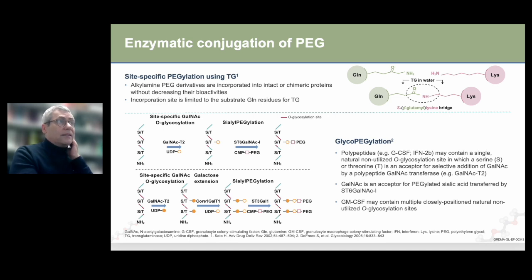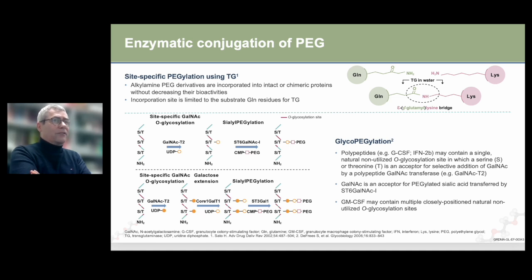The other methods to obtain selective conjugation is the use of enzymatic conjugation, and there are two methods which have been particularly investigated. The first one is based on transglutaminase.